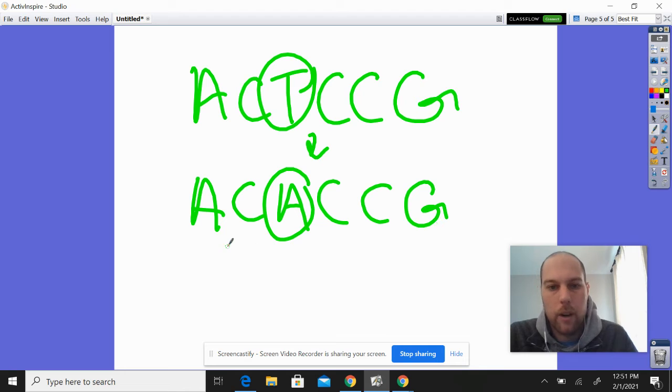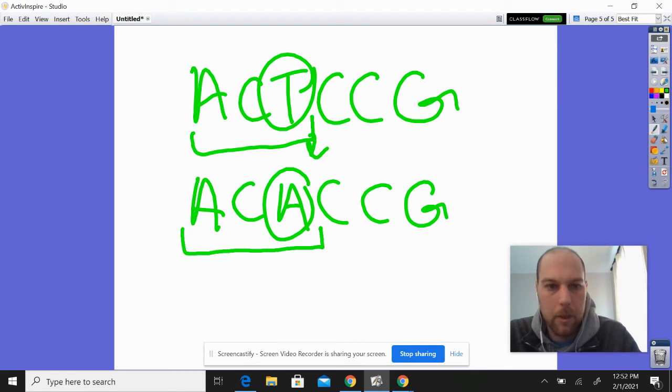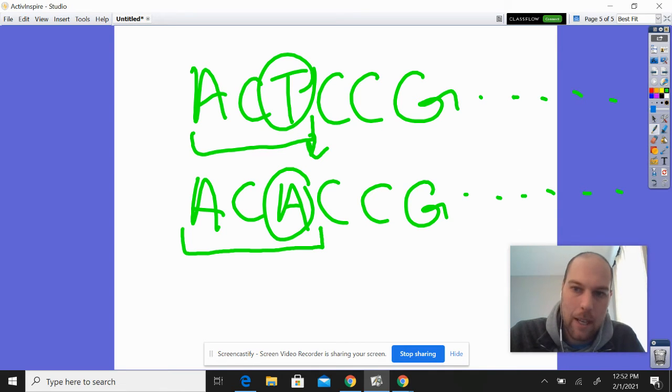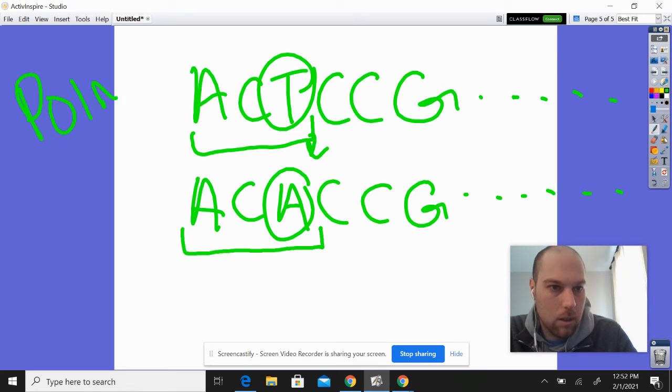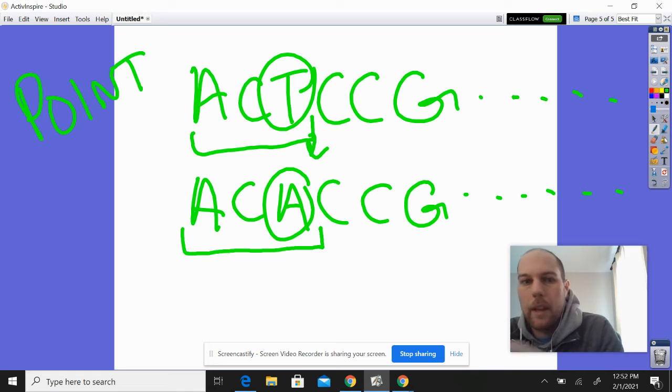Whereas this section would be affected, there are many, many more letters after that are still all the same and unaffected. So it doesn't have as large of an effect. Again, this is a point mutation. It's a point mutation because it's saying at one point on the DNA it's changed.